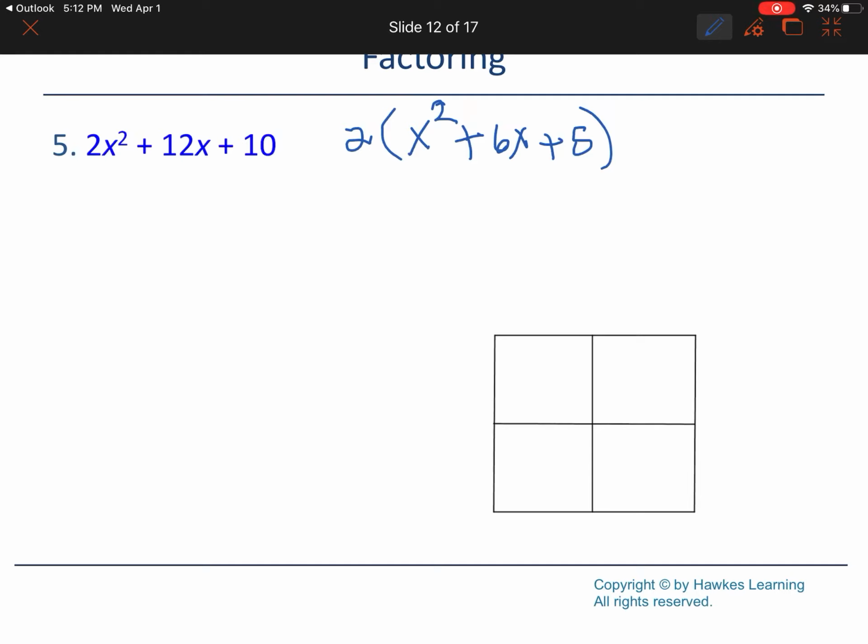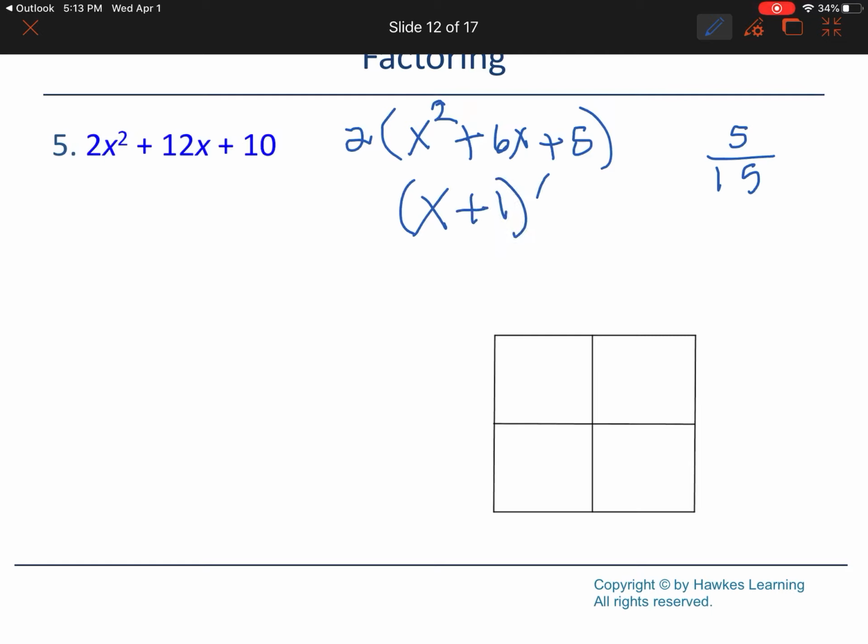And actually, I made a box here for us, but we don't really even need the box because this is just like the ones we did last time. We're looking for something that multiplies to be 5, but adds up to be 6. So that's going to be 1 and 5. So this is the one that we just put straight into it because it has the x squared first, right?